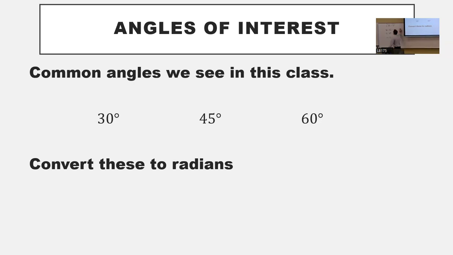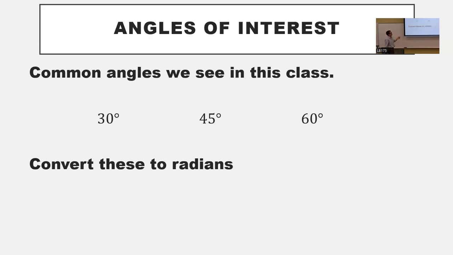Now, there are some really common angles that we'll use over and over. Especially once we get to the unit circle stuff, these 3 angles show up time and time again. I shouldn't say that it's just these 3.